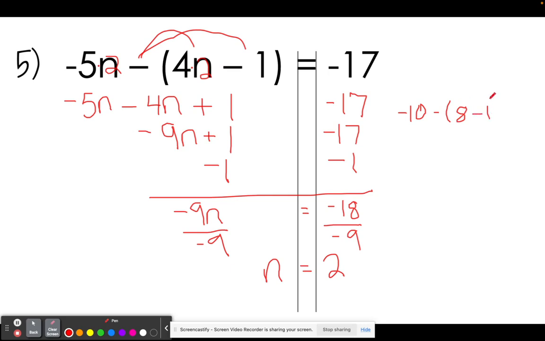And this is equal to negative 17. So I have negative 10 minus 8 minus 1 is 7. Does that equal negative 17? And yes, it does. I have negative 10 and I subtract 7 more. I'm at negative 17.